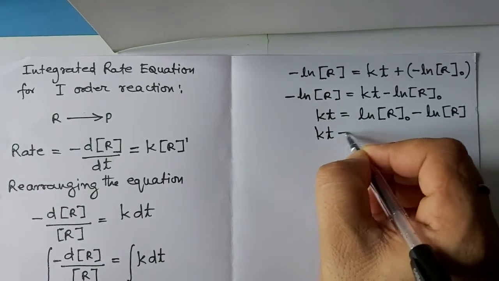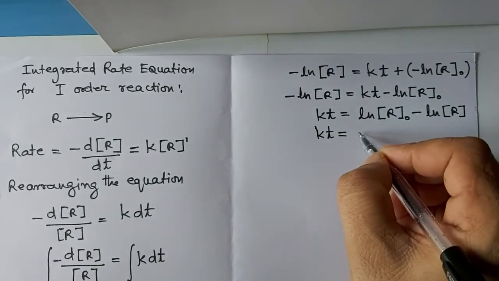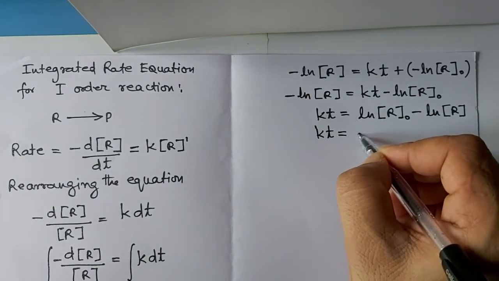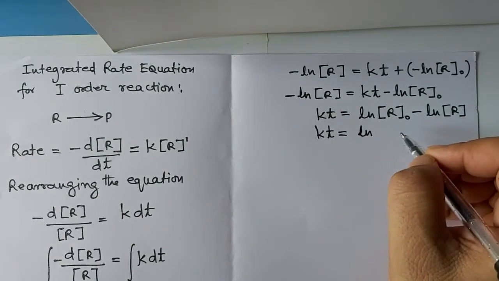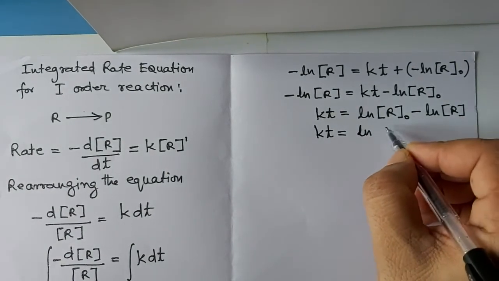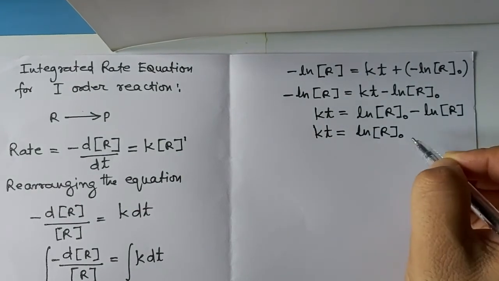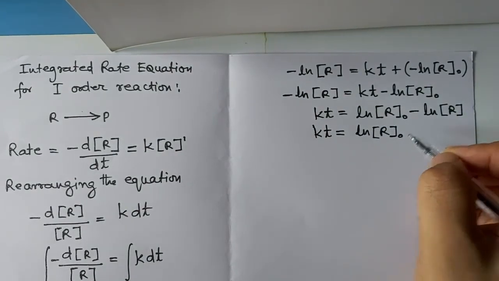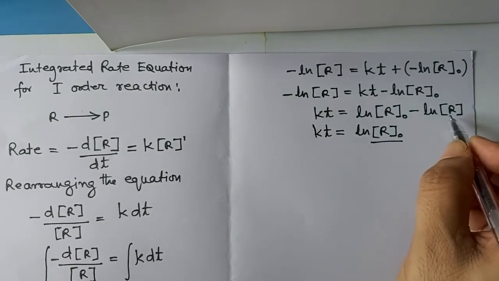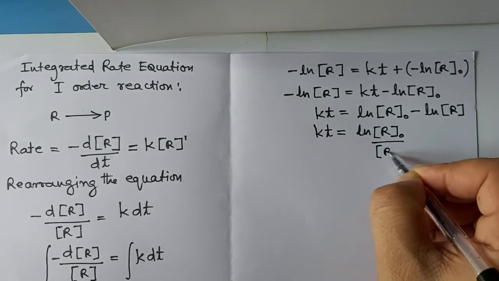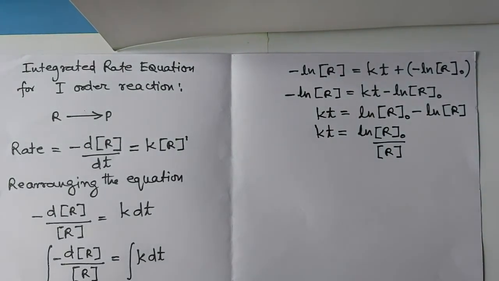Let's take it again. Now take natural logarithm and put this value. R0 is showing initial concentration, and then we have this value, concentration at time t.